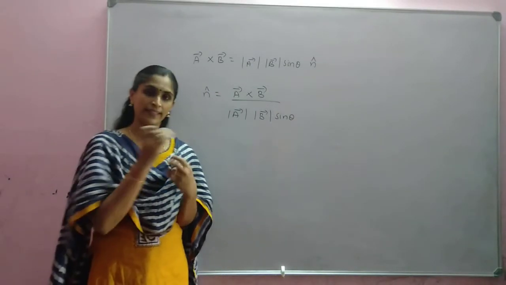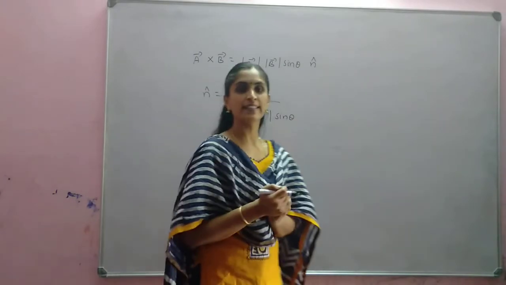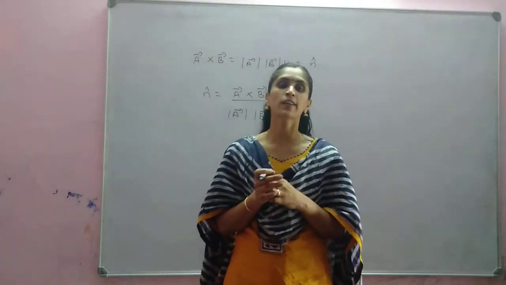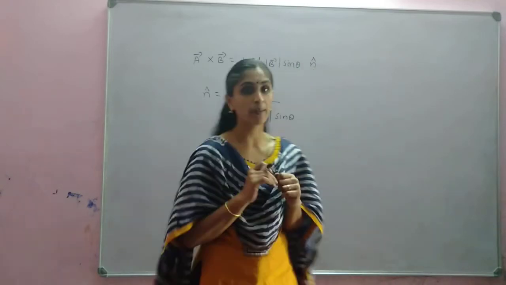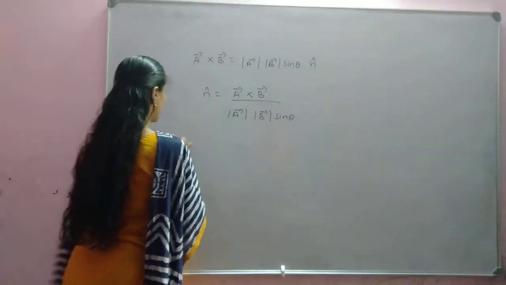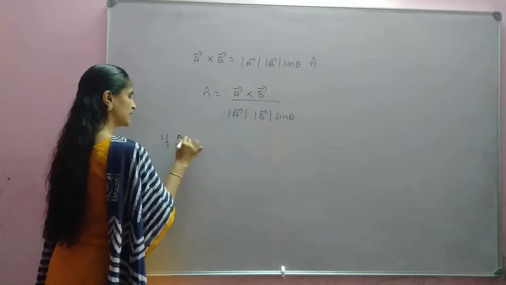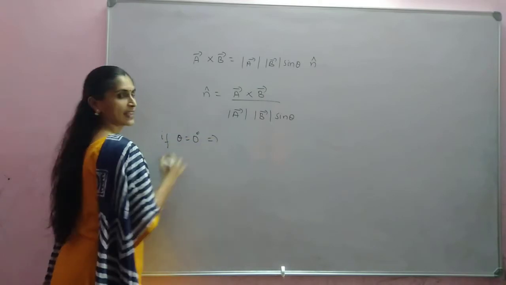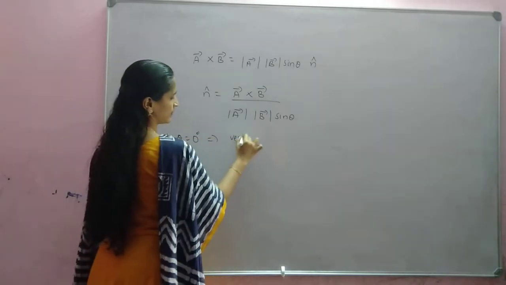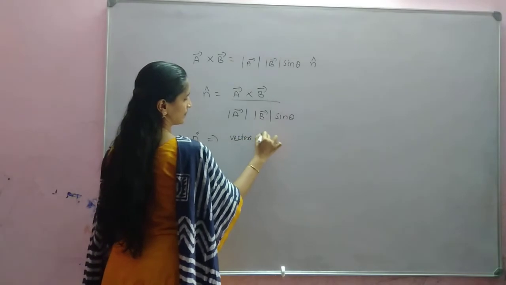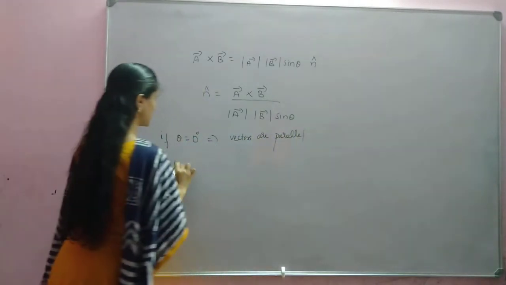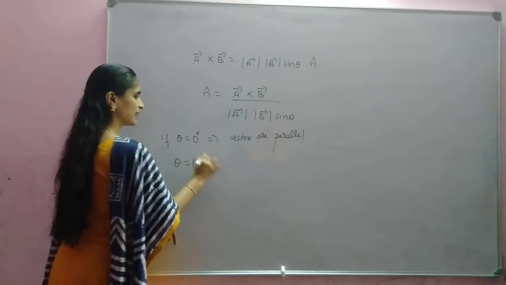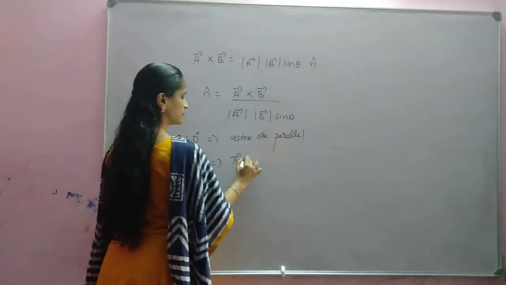Sometimes they will ask you to check whether vectors are parallel or anti-parallel. If theta is equal to 0 degrees, the vectors are parallel, and if theta is equal to 180 degrees, they are anti-parallel.